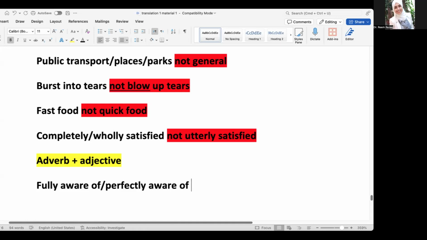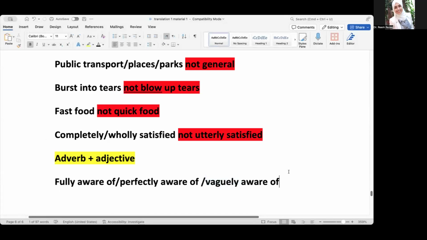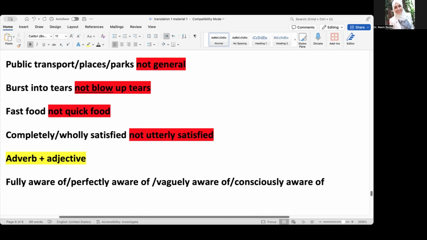And also we can say another meaning: greatly aware of, mostly aware of, and deeply aware of. So, okay, this is step 2.